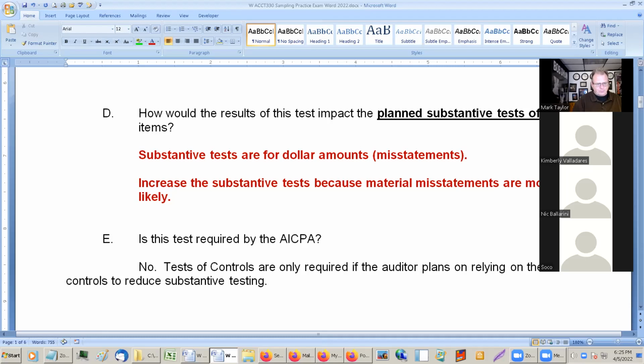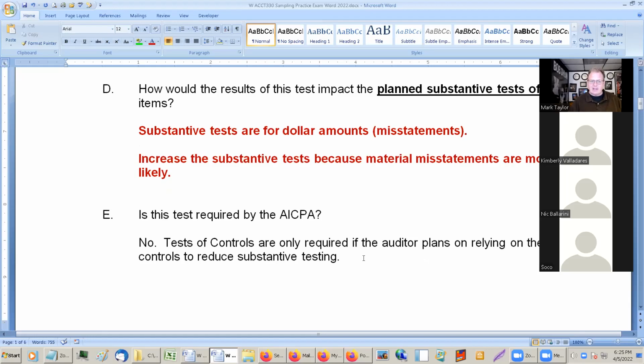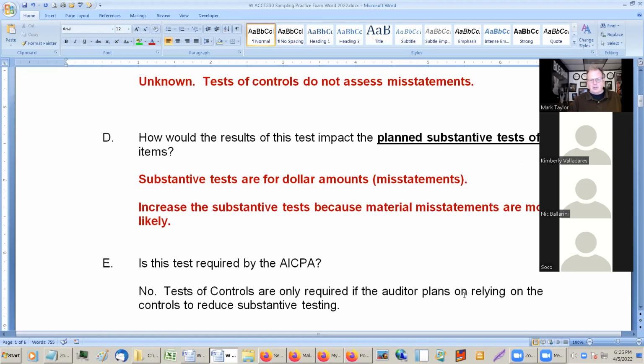Okay. So is this test required? No, test of controls are only required if the other plans are relying on the test of controls, let's say, the internal controls.